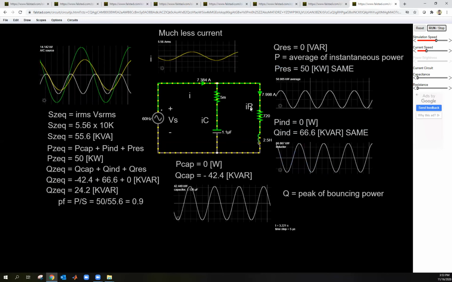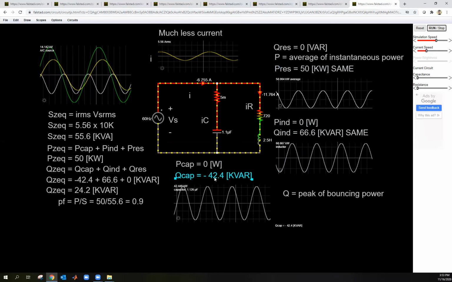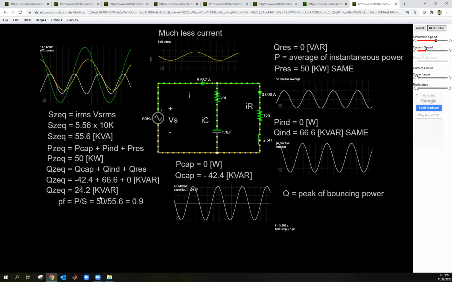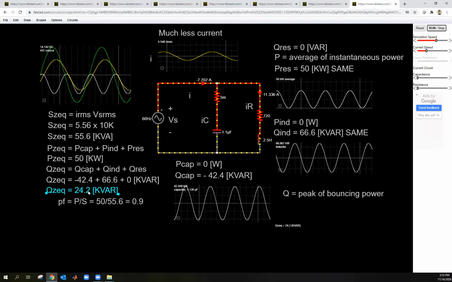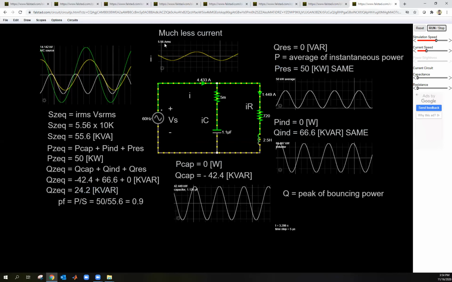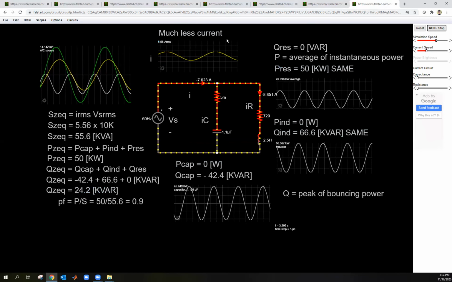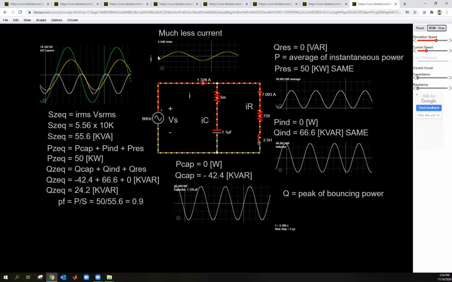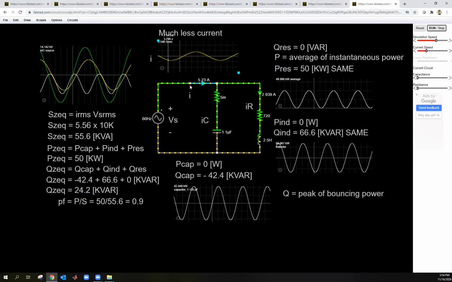And look at the capacitor, minus 42.4 kilovars. So this is balancing with this. So the overall kilovars is 24. Good. And look at this current. It's 5.56. 5.56 is much less current, whereas before it was 8.4, right? So we dropped down quite a bit.